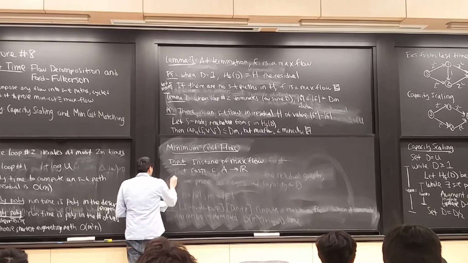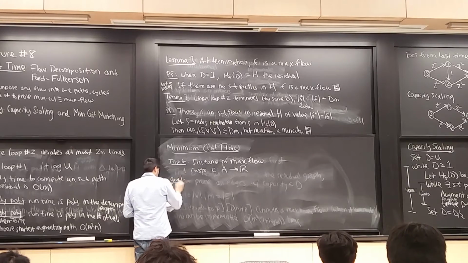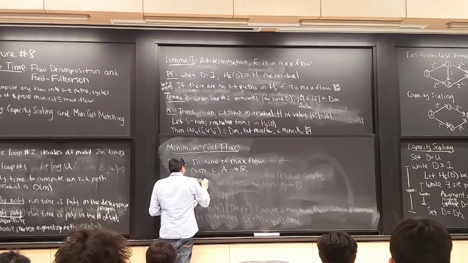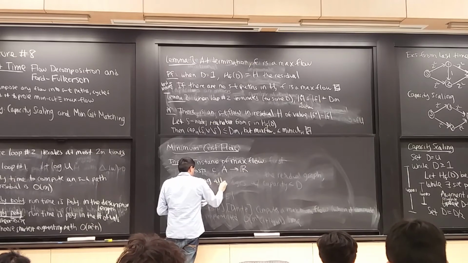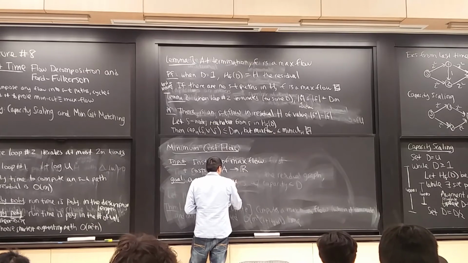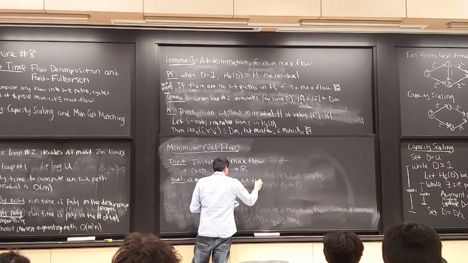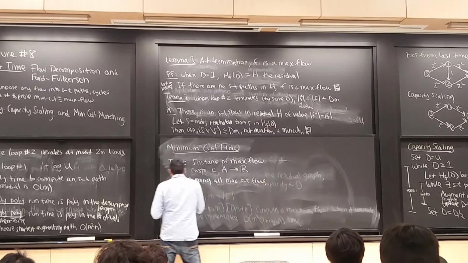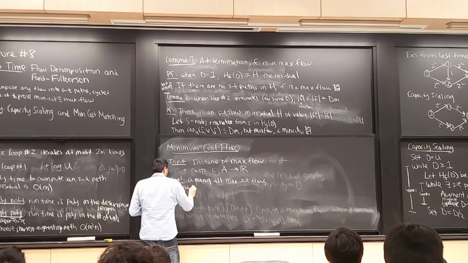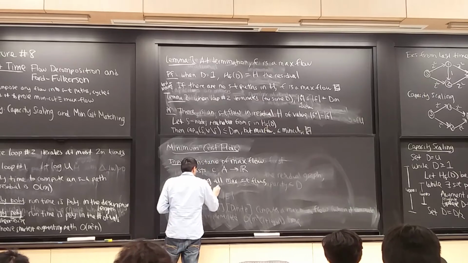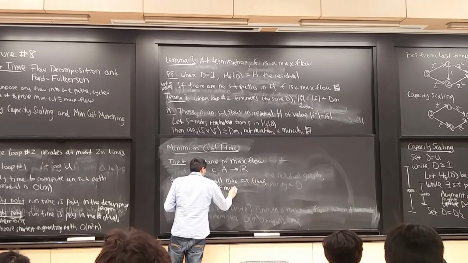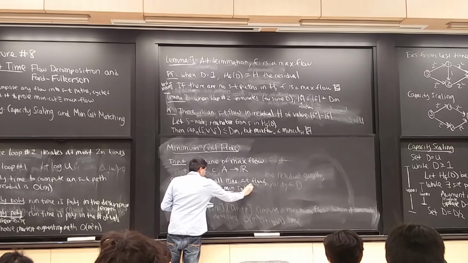And now the goal for this is the following. Among all max S-T flows, find the one of minimum cost.